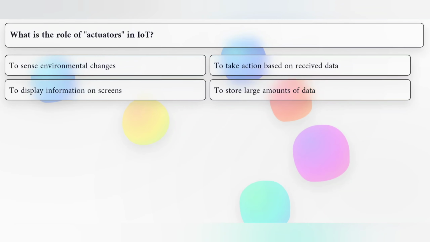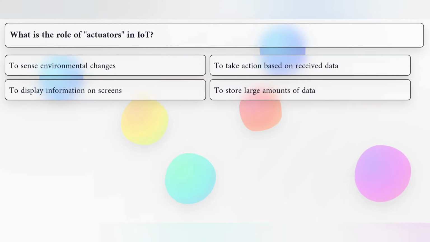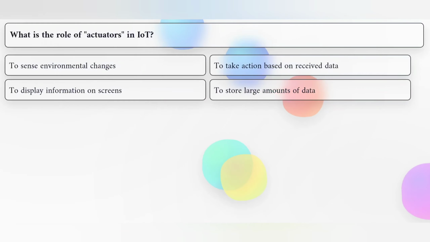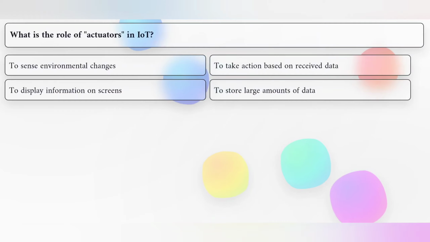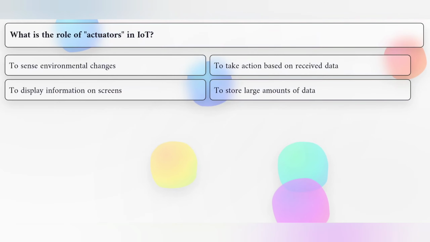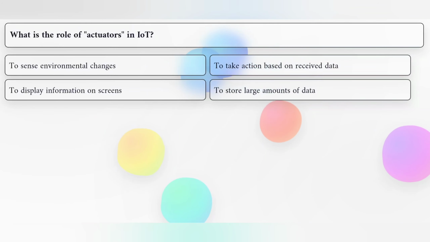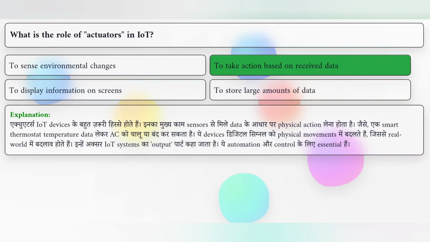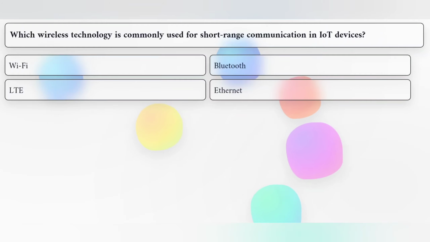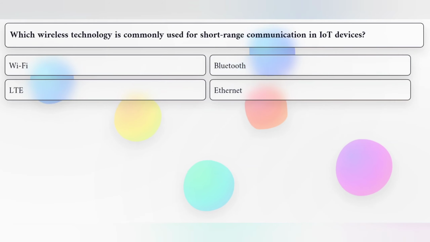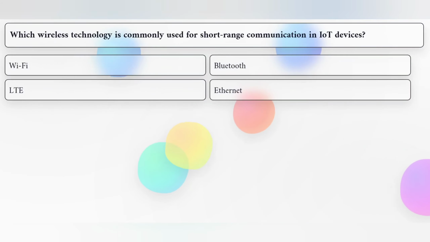What is the role of actuators in IoT? To sense environmental changes, to take action based on received data, to display information on screens, to store large amounts of data. Which wireless technology is commonly used for short-range communication in IoT devices?